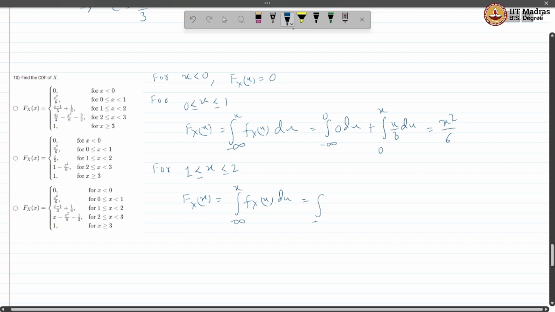So this will be equal to integration of 0 from minus infinity to 0 plus integration of x by 3 from 0 to 1 with respect to x plus integration of 1 by 3 with respect to x from 1 to x. And on simplification, this will be x minus 1 by 3 plus 6.